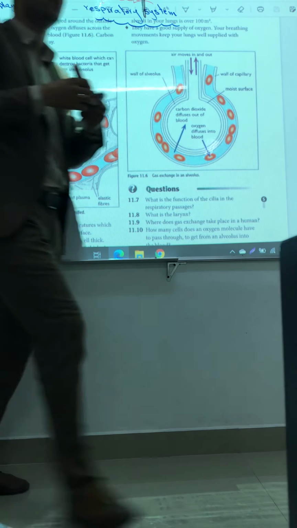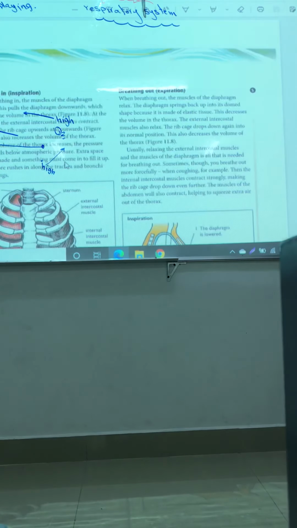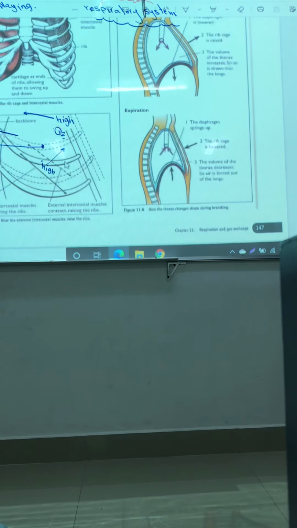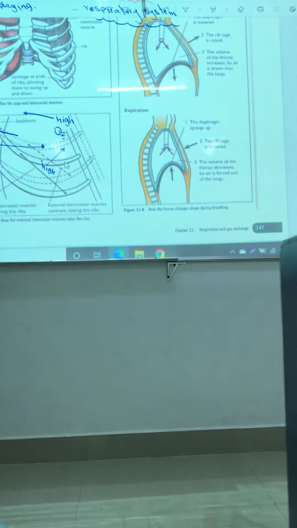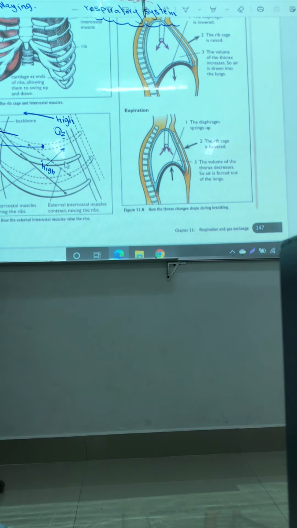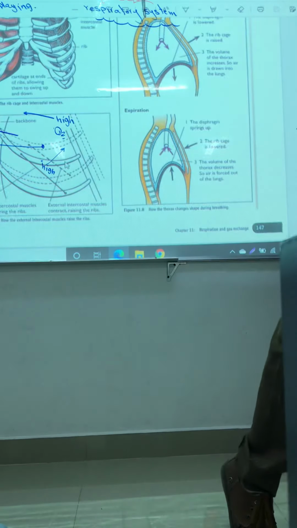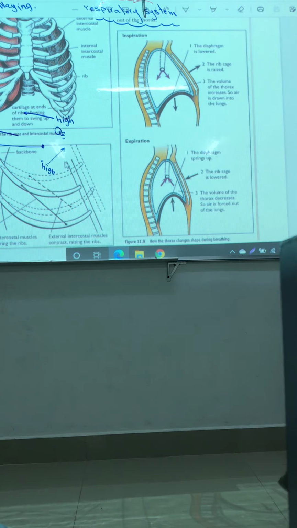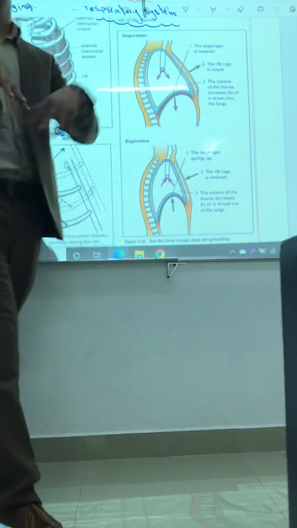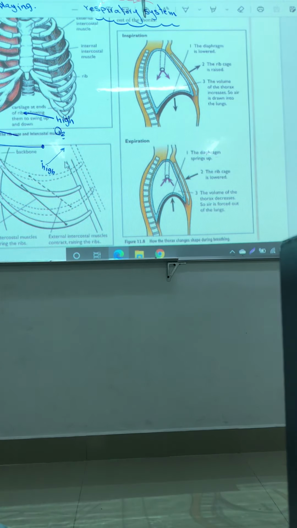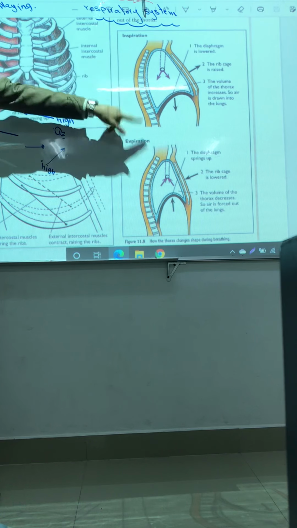I have another question to help understand this point. The second part is inspiration and expiration. This can be called the practical part of this class. In this example, we should distinguish between two processes: what I mean by inspiration and what I mean by expiration.